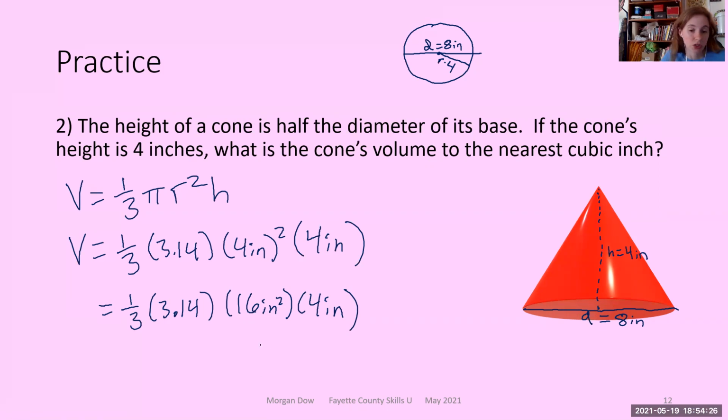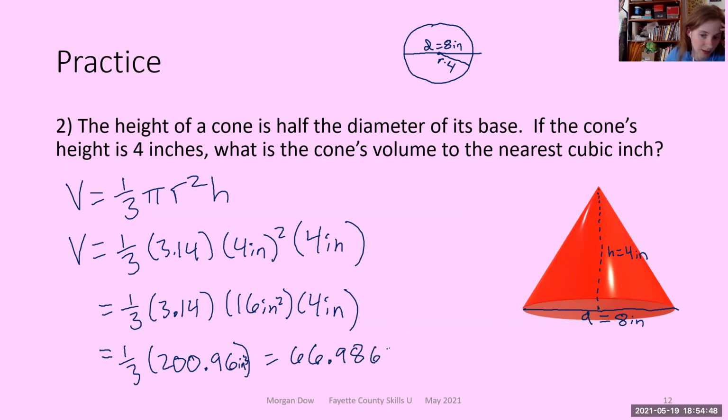I'm getting 200.96, so 1/3 of 200.96. It's going to be cubic inches. And a third of that, I'm dividing by 3, gives me 66.98. And then we're getting repeating 6s at the end here, cubic inches.